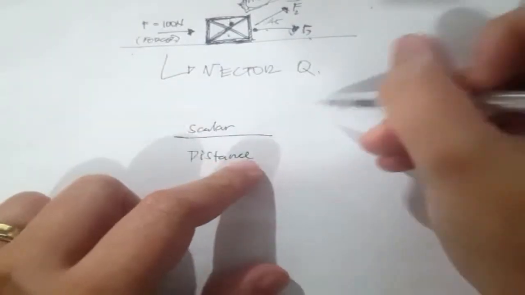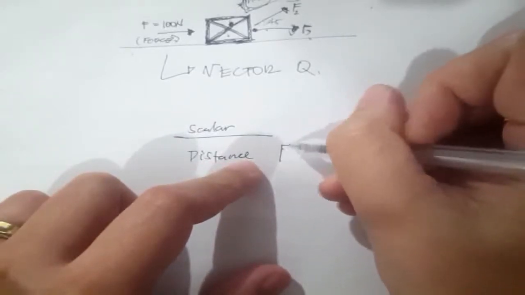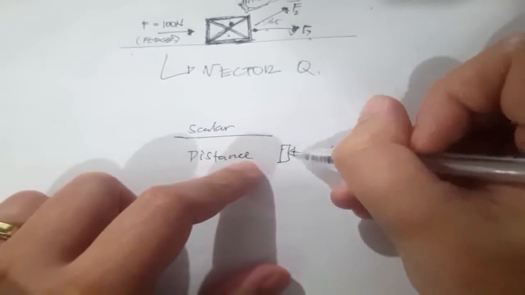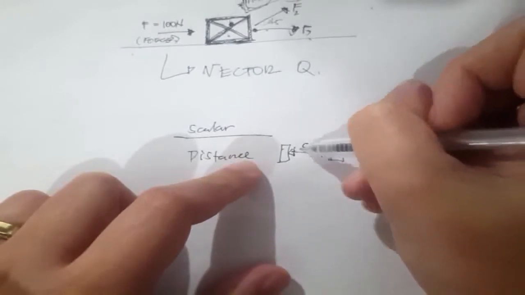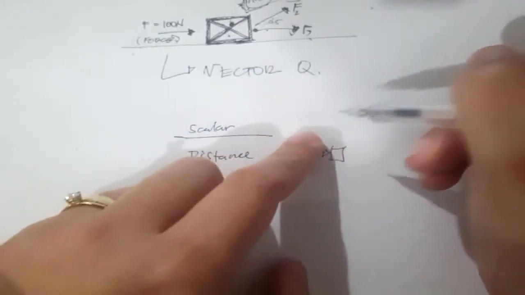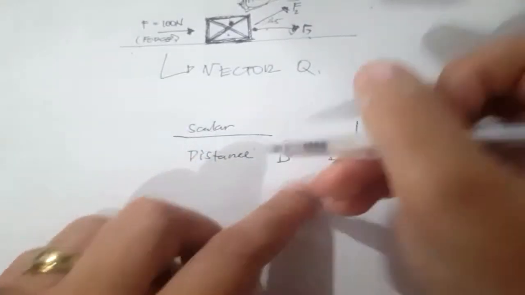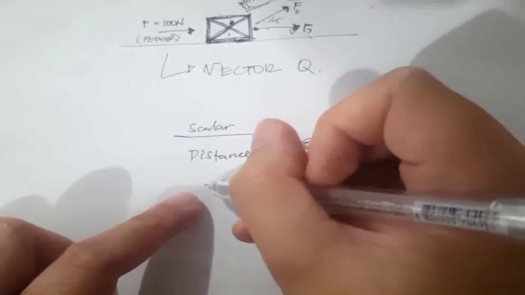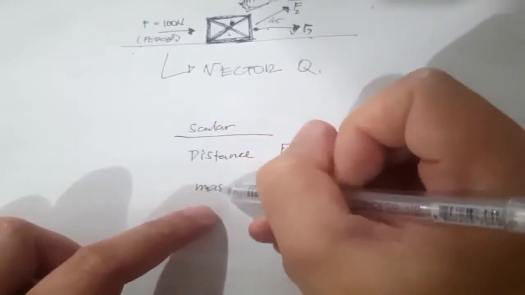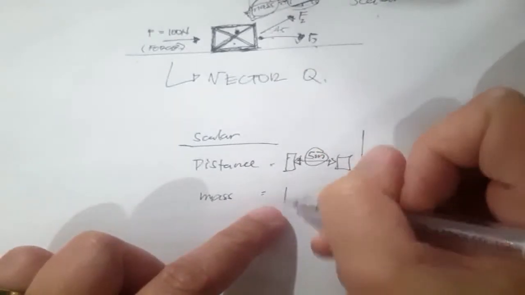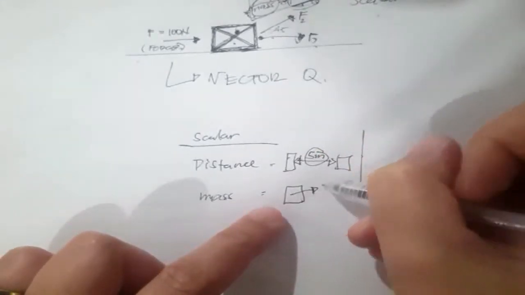For example, the distance between two objects, object A and object B, is 5 meters. So it only has magnitude, which is 5 meters. Another example is mass. For example, the mass of the object is 10 kilograms.